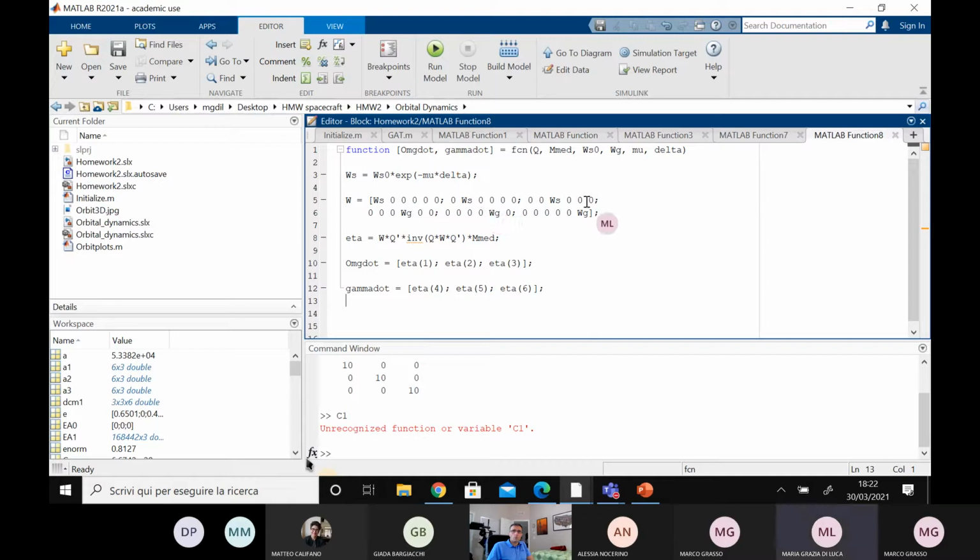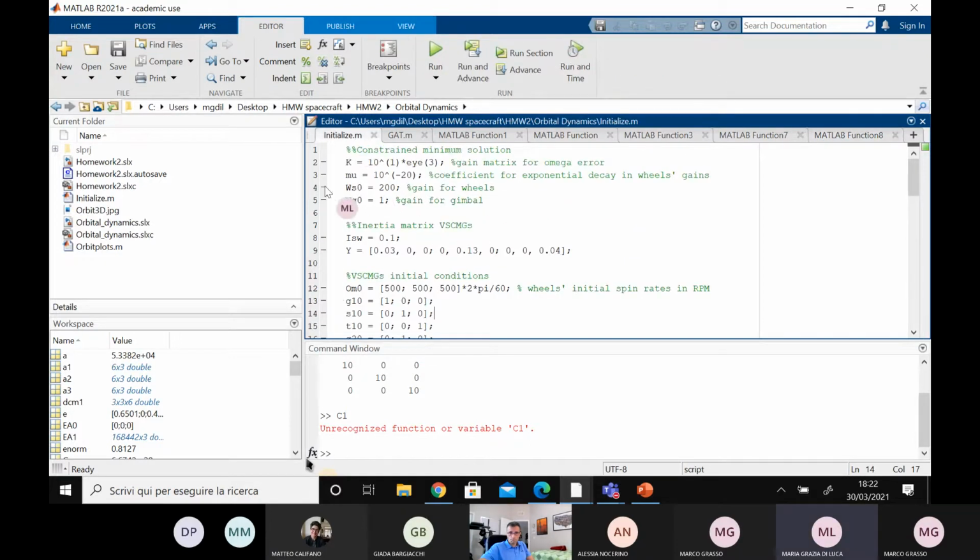Okay, so the first three look okay, right? Sorry? It seems okay. And the initialization is the same. I assume that you have... Yes, I used these conditions.